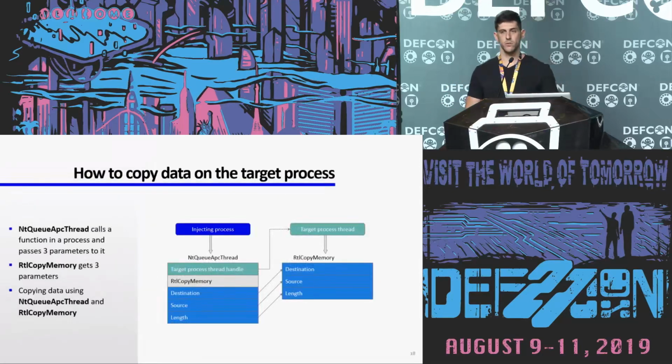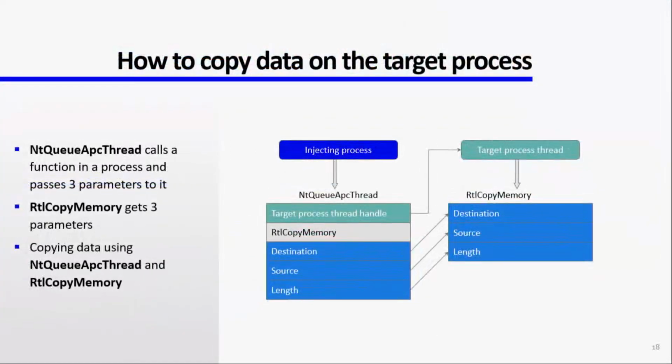Okay, so to copy the address, we're going to use the function NtQueueApcThread. This function gets a thread handle, which is the thread we want to execute our code in. Then it gets the function we want to execute, and we are allowed to pass 3 arguments. So we are going to use the function RtlCopyMemory.